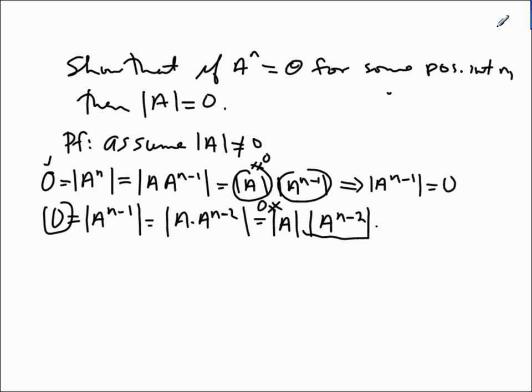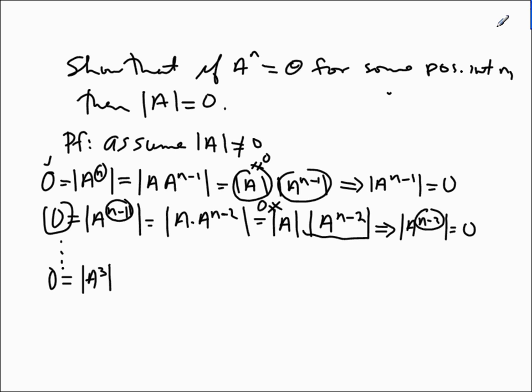So that implies the determinant of A to the n minus 2 is 0. Continuing in this fashion, notice the powers going down. First, the determinant of A to the n was 0. Then the determinant of A to the n minus 1 is 0. And then the determinant of A to the n minus 2 is 0. Eventually, we'll get to the determinant of A cubed is 0.